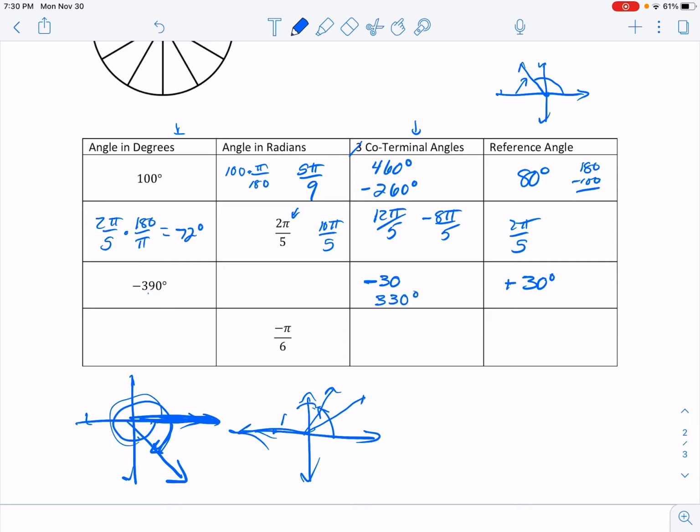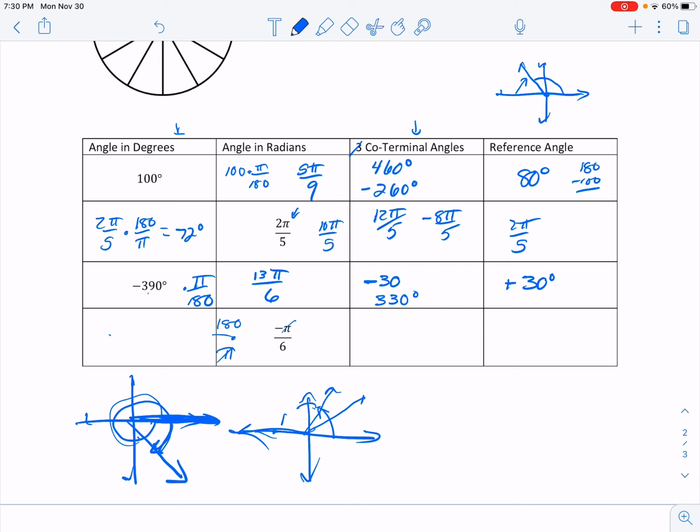That works. Angle in radians times pi over 180. 390 divided by 180 is 13 pi over 6. And the last one here, let's see. If I multiply by 180 over pi, they cross out, but it's still negative.